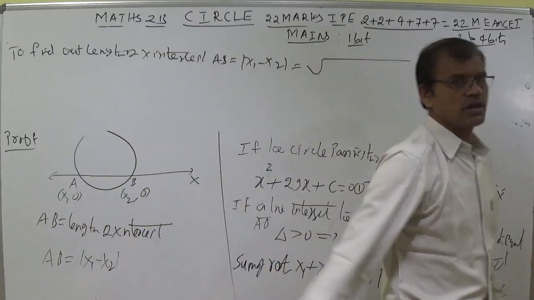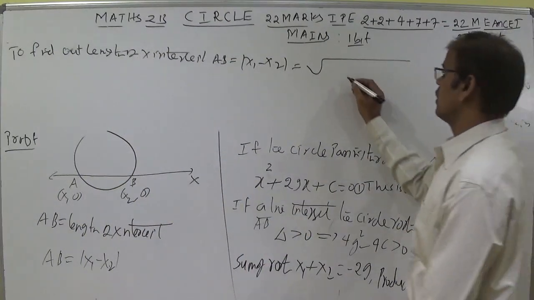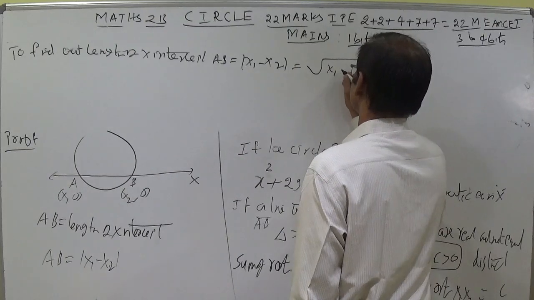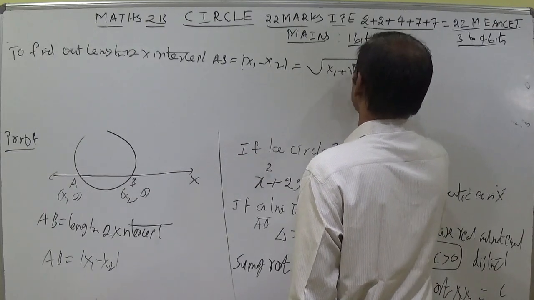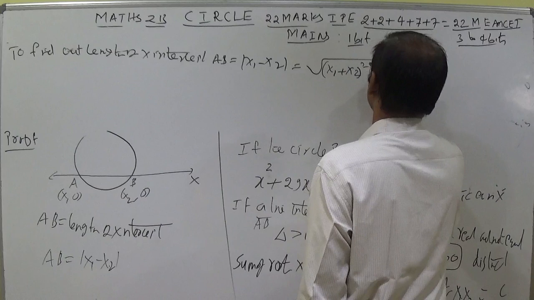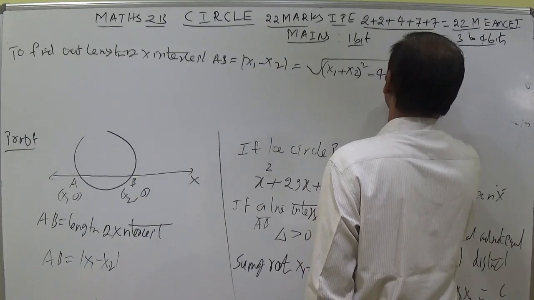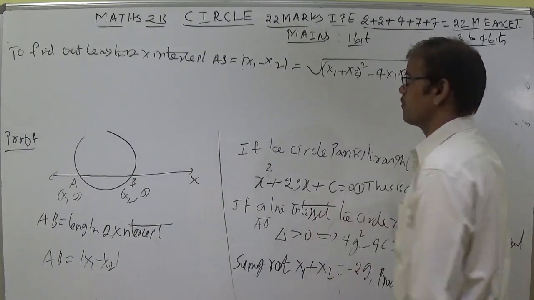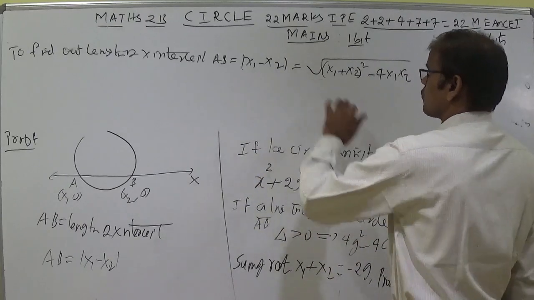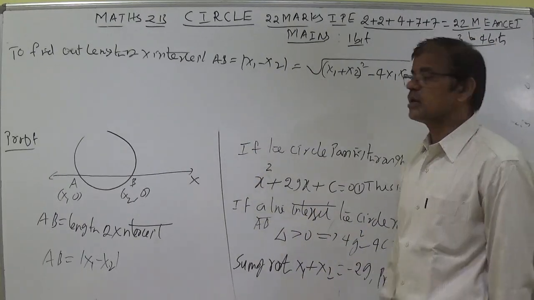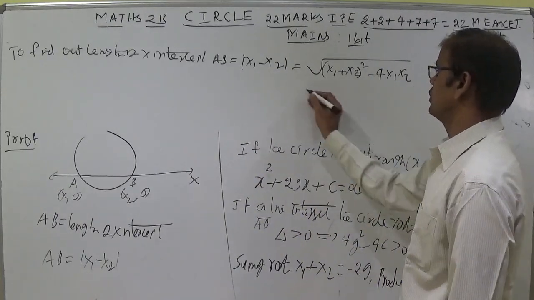You can write this as the formula: modulus of x1 minus x2 is equal to root of (x1 plus x2) whole square minus 4x1x2. Use the formula (a minus b) whole square is equal to (a plus b) whole square minus 4ab.